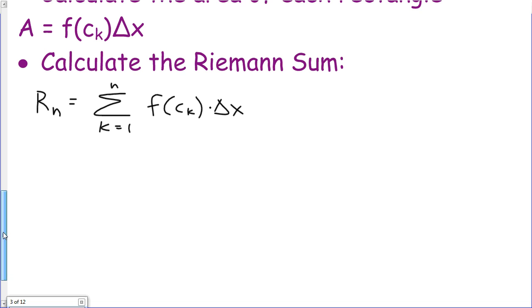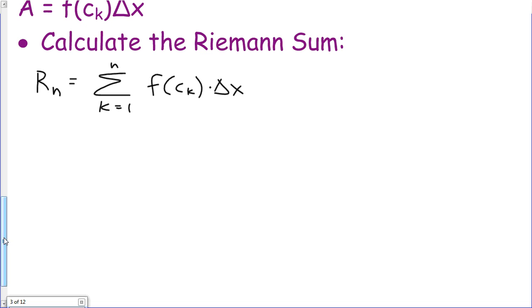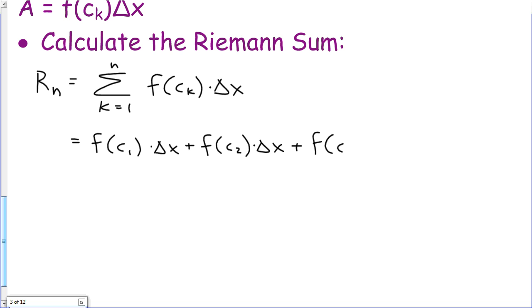If we were to write this out term by term, the Riemann sum would be my function at c sub 1, that's the height, times delta x. And then I add that to my function at c sub 2 times delta x. And I add that to my function at c sub 3 times delta x. And so forth, all the way up to my function at c sub n times delta x.